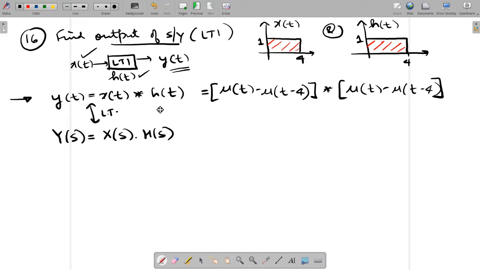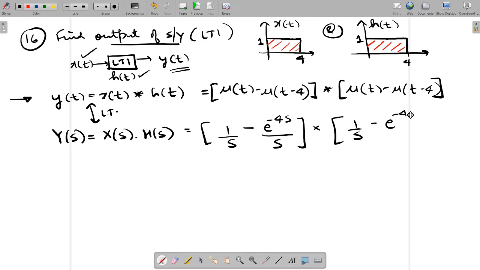So now if we take the Laplace transform, what do we get? What is Laplace of u of t? 1 by s. Laplace of u of t minus 4, yeah, shifting property, right? So e raised to minus 4s, e raised to minus s t naught upon s. Convolution becomes multiplication, and 1 by s e raised to minus 4s upon s.